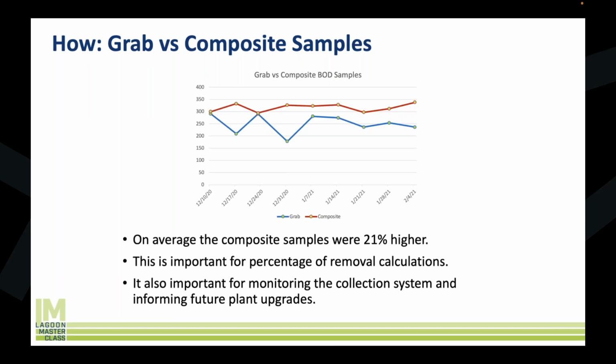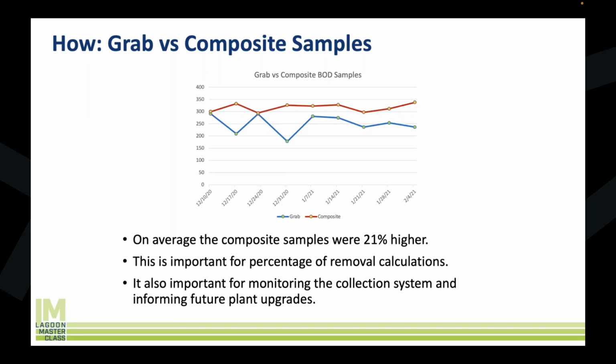They had the composite sampler set up, pulling a little sample for 24 hours at their influent structure. And then John would go out there once a day, pull his grab on the frequency they were going to do the sampling, and run tests on both. And what you can see here is that the composite samples were 21% higher than the grabs.